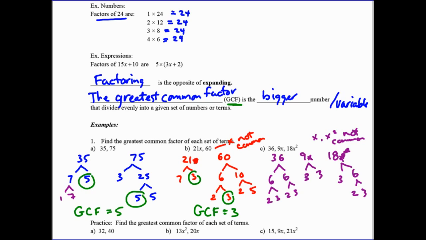And if we have a bunch of 3's, this is another way of looking at it. I have 2 3's here, 2 3's here, 2 3's here. Well, 3 times 3 is 9, and 3 times 3 is 9, and 3 times 3 is 9. So 9 is the greatest common factor.